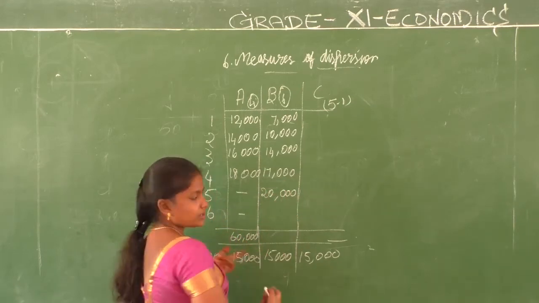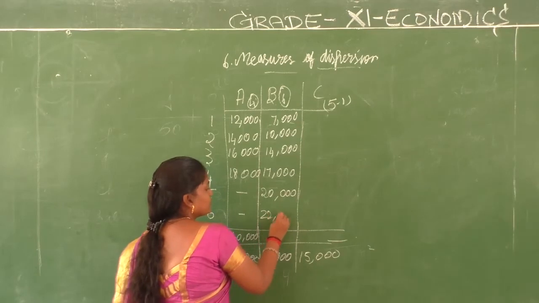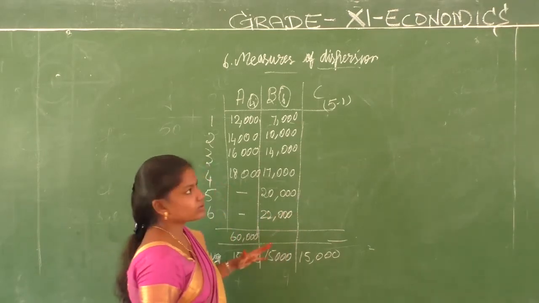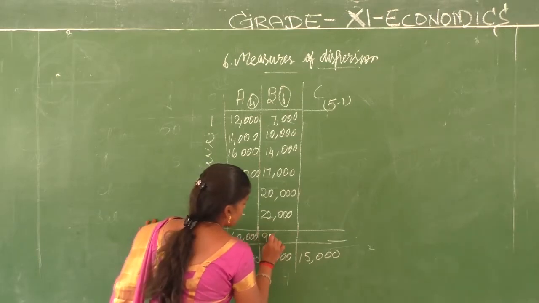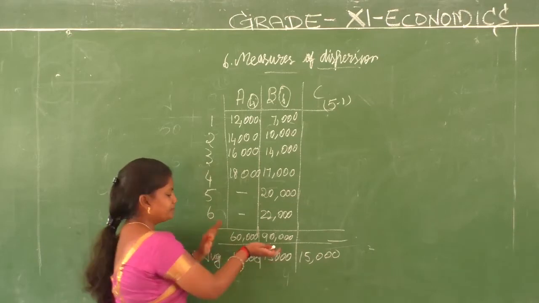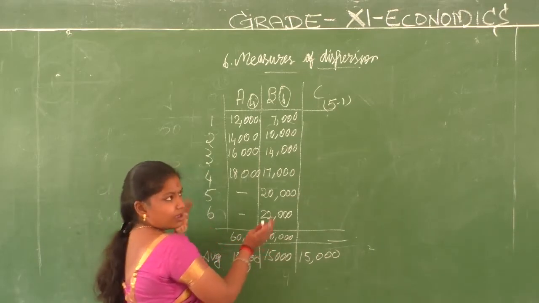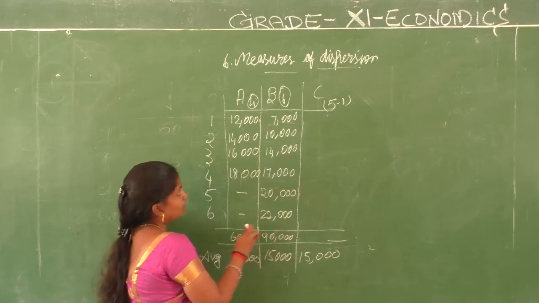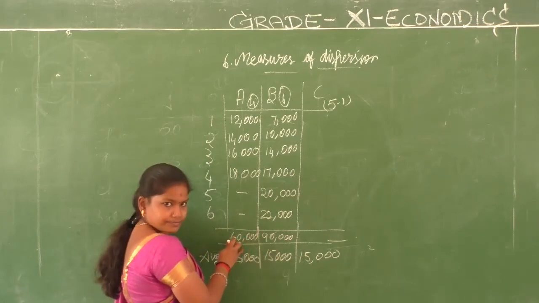Another member is earning 22,000. And what is the total amount that they are earning?